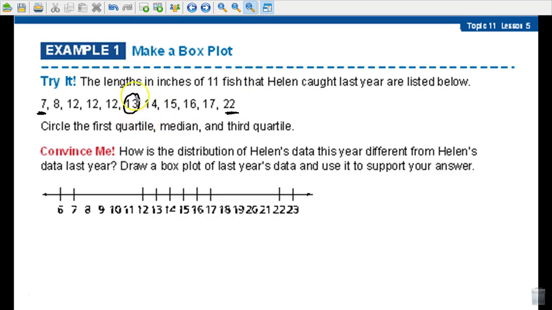Now if we take out the median, we look at the first 5 numbers. 1, 2, 1, 2. So 12 is directly in the middle. 1, 2, 1, 2. So 16 is directly in the middle. Those are our LQ, our median, and our UQ, and then our GV and our LV.